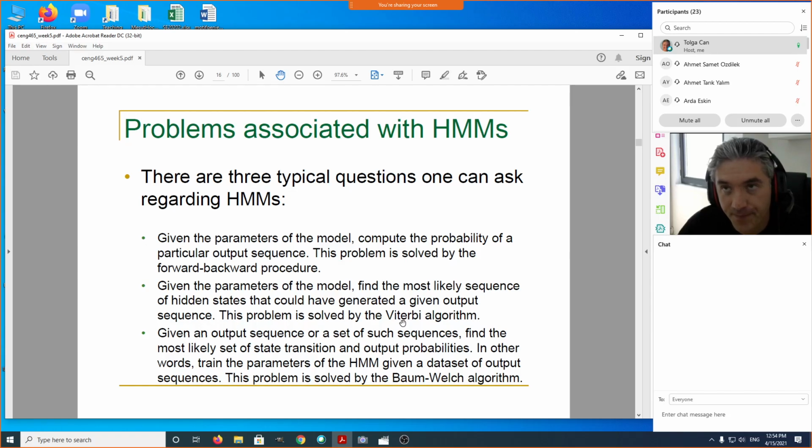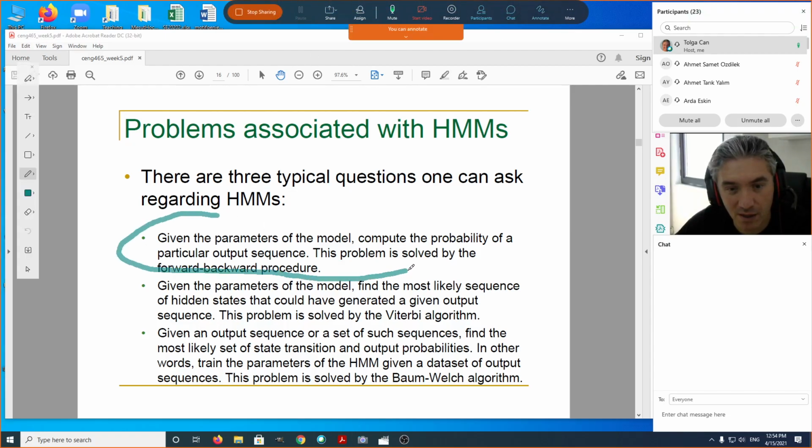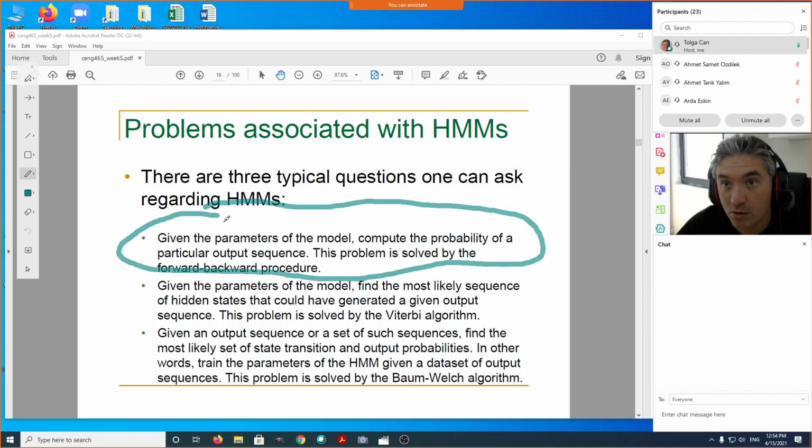The only difference is that instead of finding the most probable sequence of states that could have produced that output, asking this probability is the summation over all possible sequences of states that could have produced this output. So if we sum all the probabilities that can produce a certain sequence of actions, that's the overall probability of observing these actions from that hidden Markov model.